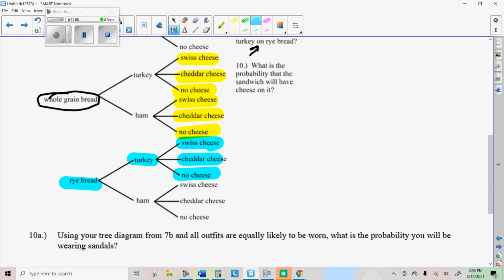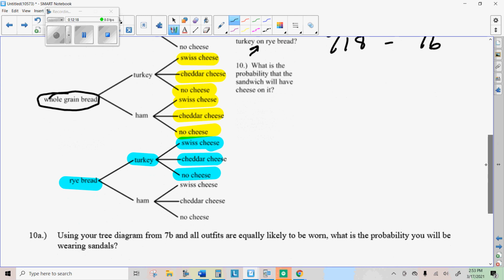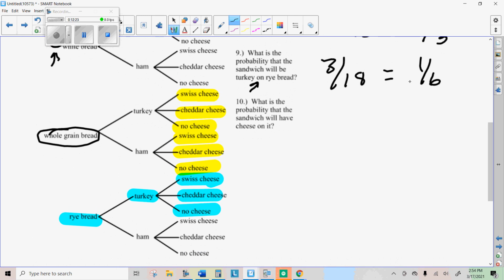So 3 out of 18, which, if we simplify that, is 1 out of every 6. Now, you could have figured that out because there's 3 breads to choose from, 2 meats to choose from. So to get the rye bread with turkey, it's 1 out of those. 3 times 2 is 6.